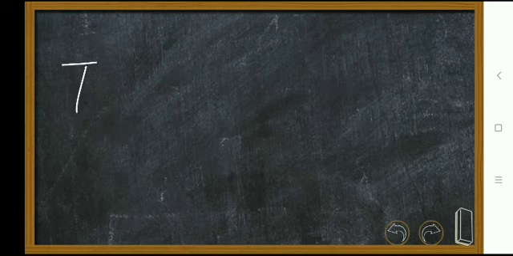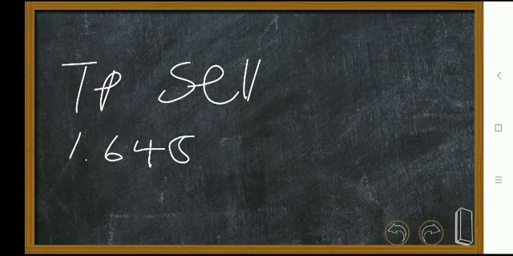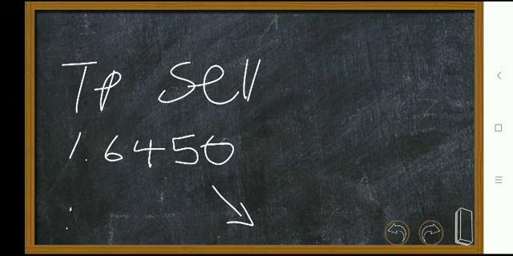Then TP for a sell. The TP for a sell will be lower than your entry price. With an entry of 1.6450, it will be lower than your entry price. Let's say 1.6430.